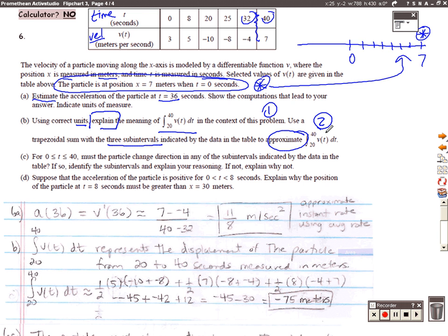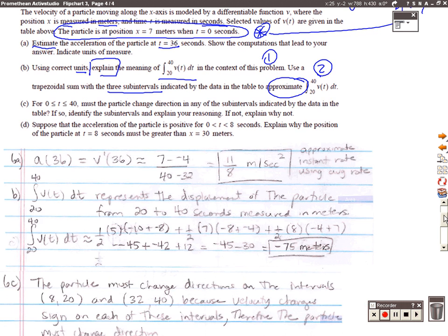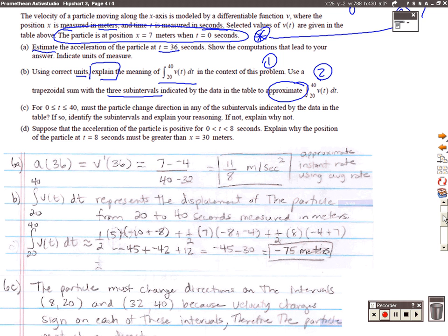Explain what this represents. Well, we all know that a definite integral is an accumulator. It's totaling up stuff. And since it's velocity, when we go back, we know that this represents the displacement. That's one way to say it. Don't say distance. It represents the displacement, or you could say it represents the change in position.